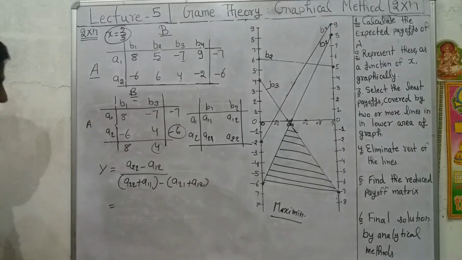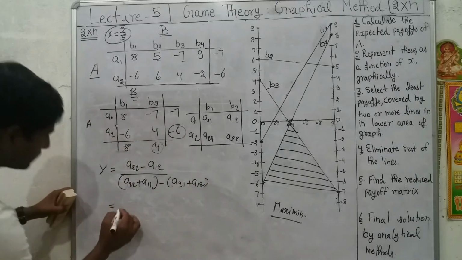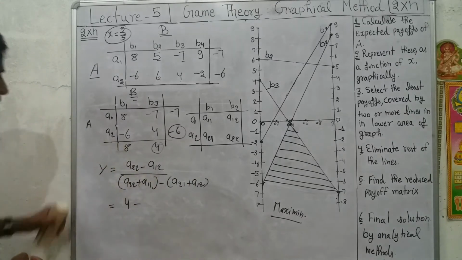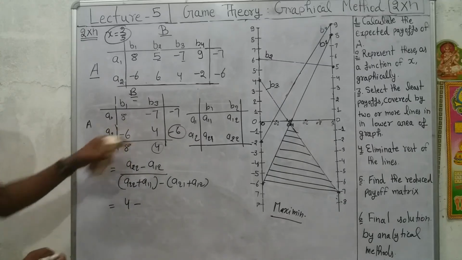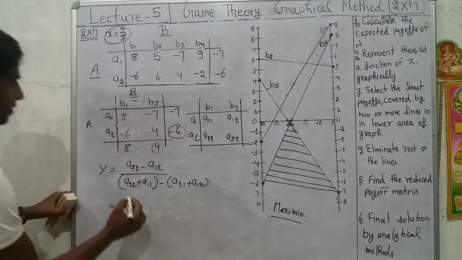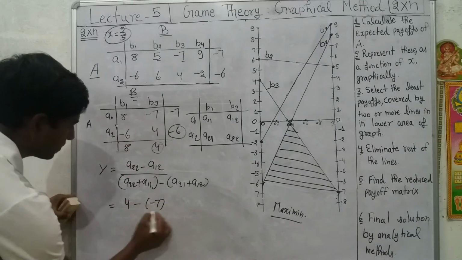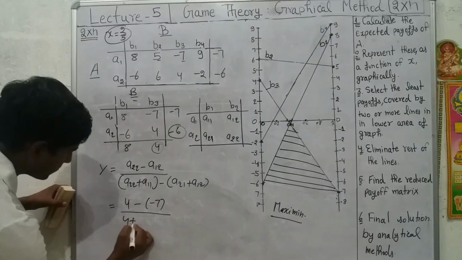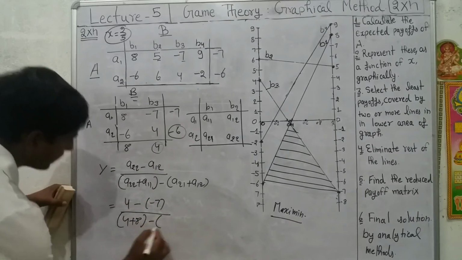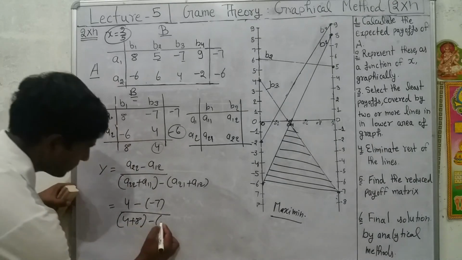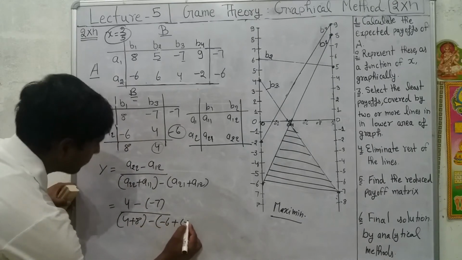So by putting the values from this table, A22 means 4 minus A12, that is minus 7, divided by A22 plus A11, that is 4 plus 8 minus A21 minus 6 plus minus 7.